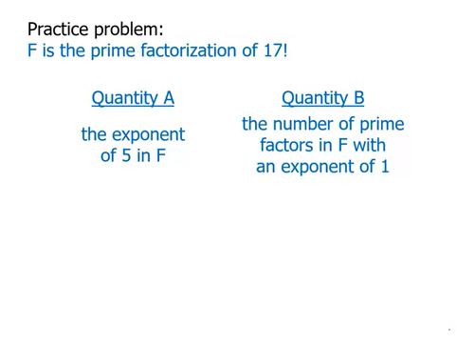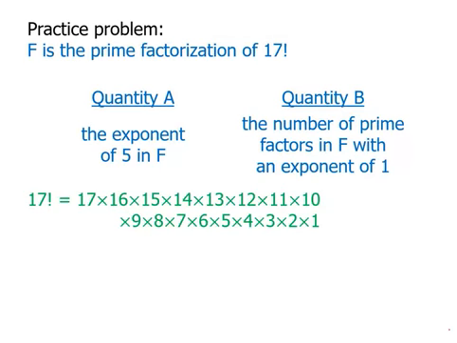So F is the prime factorization of 17 factorial. Quantity A is the exponent of the prime number 5 in that prime factorization, and quantity B is the number of prime factors in F with an exponent of 1. This is a tricky question.